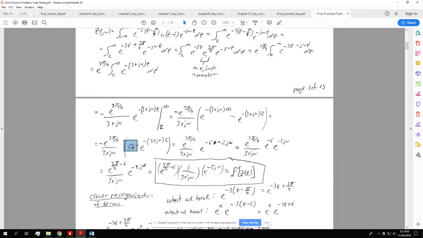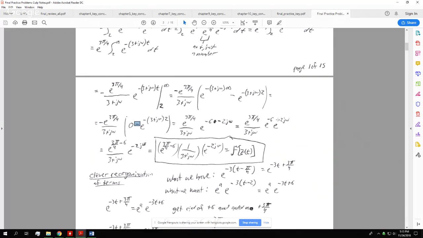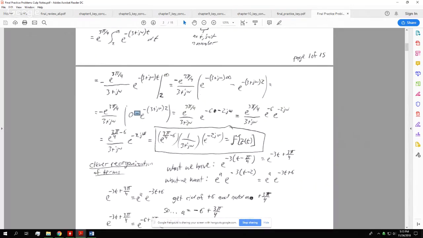And then I have a negative here. It looks like I have a double negative. So these double negatives will cancel each other. And then I get to a final result after getting through the mechanics of the integration of this. This is my final result. And I like to keep my terms split so that I can identify them.